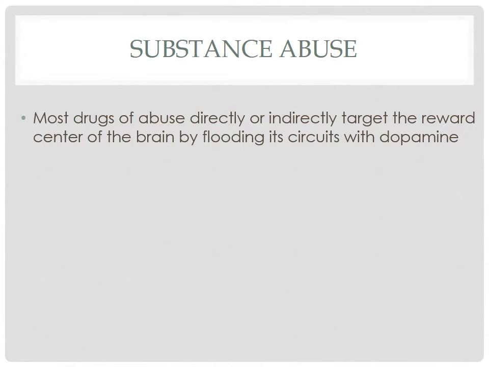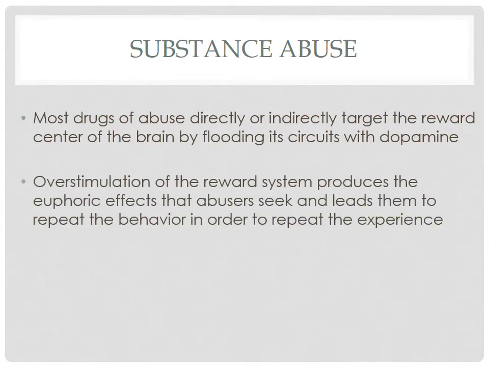We'll talk a little bit more about that, particularly as it relates to stimulants. This overstimulation of the reward system produces a lot of the euphoric effects that abusers seek, and leads them to repeat the behavior in order to repeat the experience of those euphoric effects. So there's very much a conditioned response that takes place at the physiological level with substance abuse.